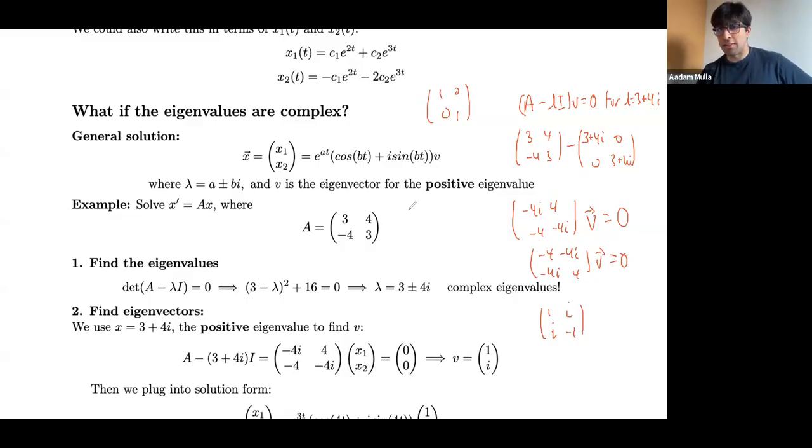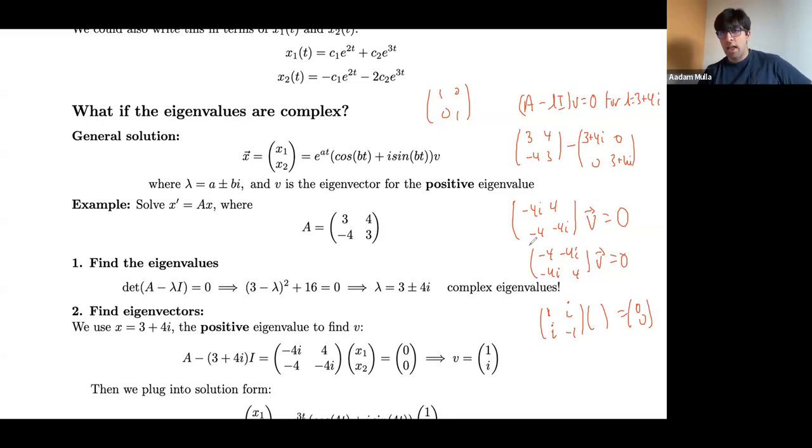And then you could row reduce, say I want to make this a 0, so I need to subtract i times this row. You could row reduce like that. At this point, with 2 by 2s, you can sort of logic out a guess. You want to make this equation true. Usually the trick is that one of the numbers will be a real number and the other will be imaginary.